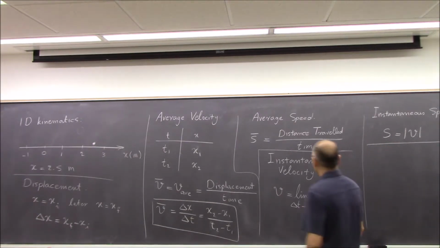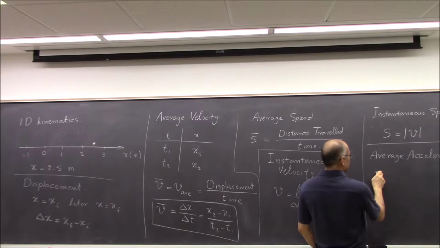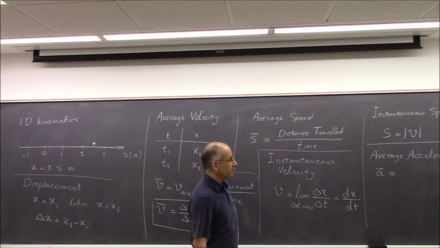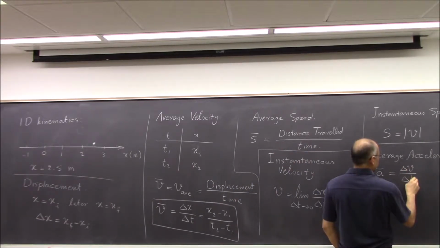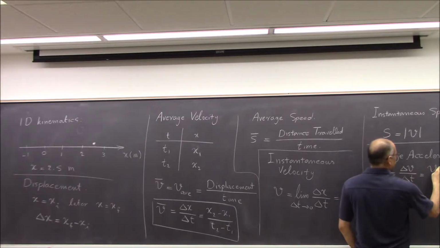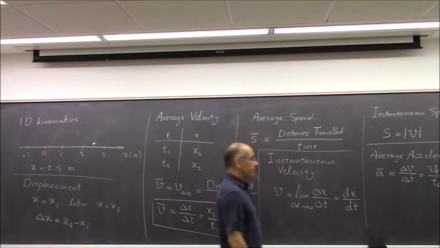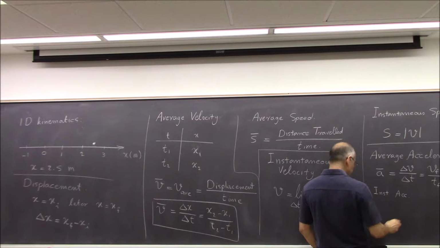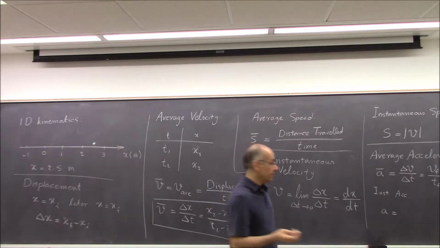And then we talk about average acceleration. Average acceleration is denoted by a average with a bar over it, and that is delta v over delta t, which is v final minus v initial divided by t final minus t initial. Instantaneous acceleration is defined by the limit of average acceleration when delta t goes to 0.